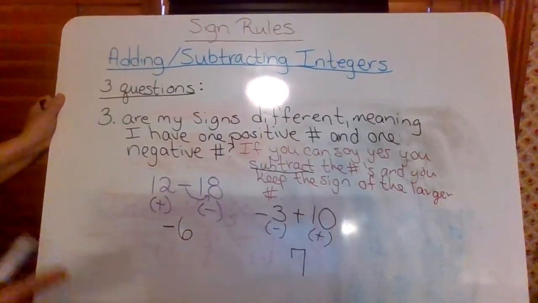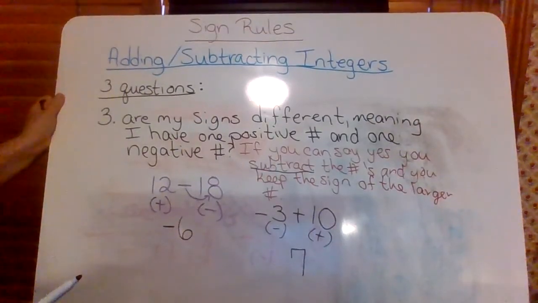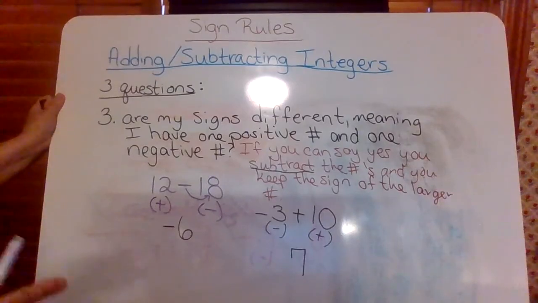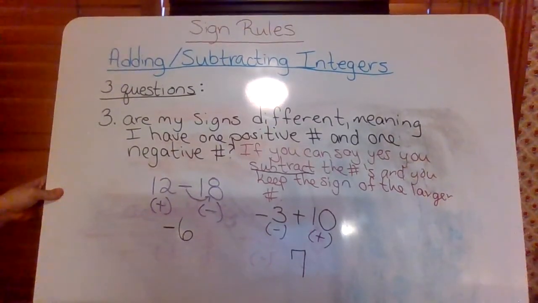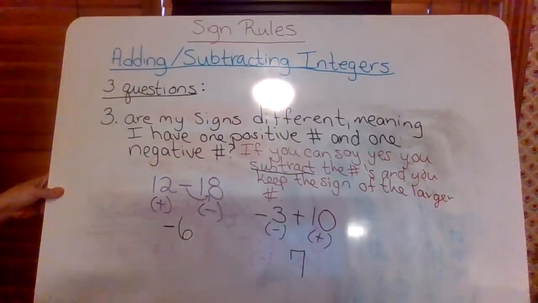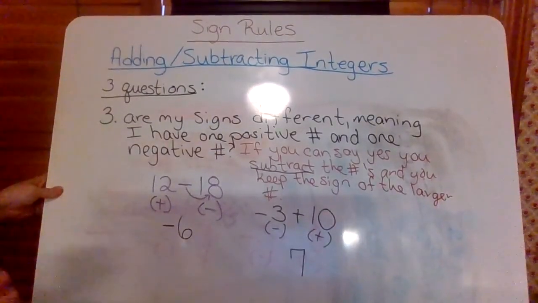Third question, is one of my numbers positive and one of my numbers negative? If the answer is yes, you subtract the numbers and you keep the sign of the larger number. So those are the 3 questions that you need to get used to asking yourself when you're talking about sign rules. And guys, listen, sign rules are not going to go away. These are super, super important.